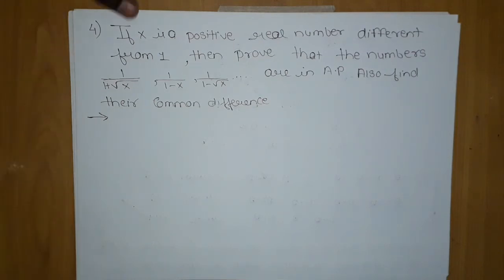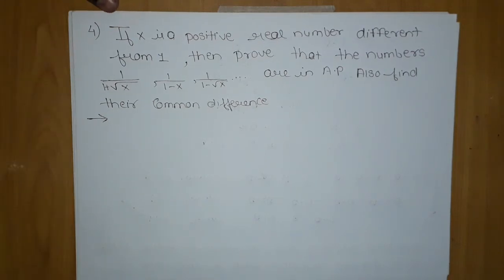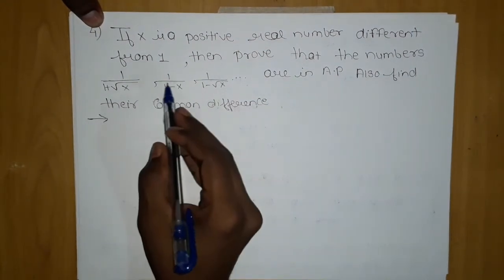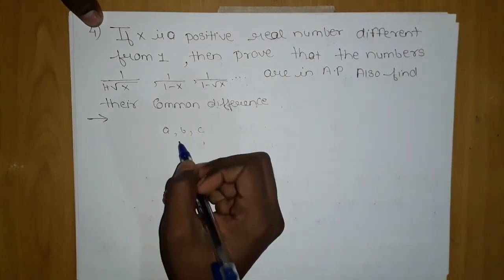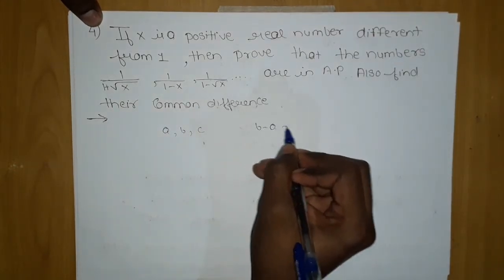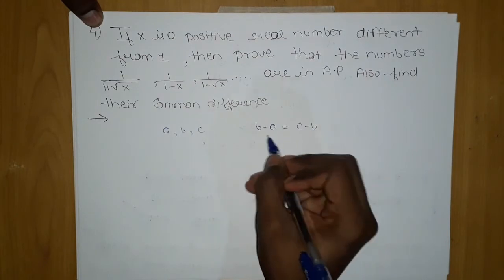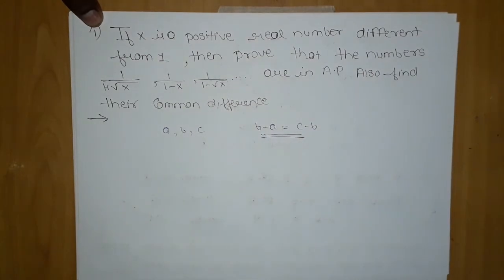So we want to prove that it is in AP. We have been given 3 terms. To prove AP, you can just subtract B minus A. If I have 3 terms A, B, C and I want to prove they are in AP, B minus A should be equal to C minus B. If this occurs, then I can say that D is equal.